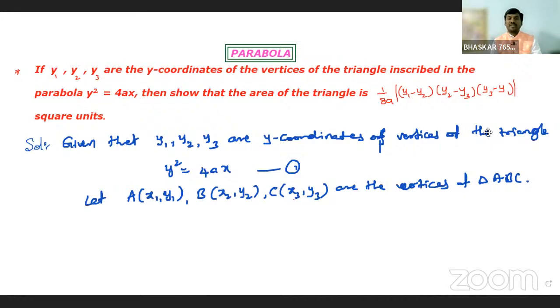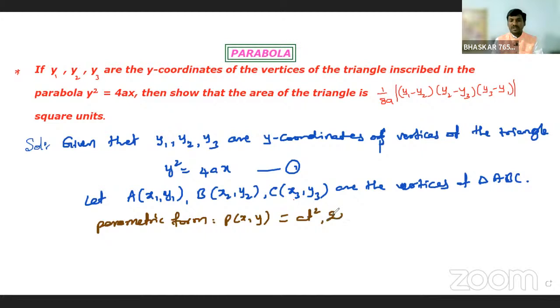So now, what is the parametric form? The parametric form is P(x, y) equals (a t square, 2at).